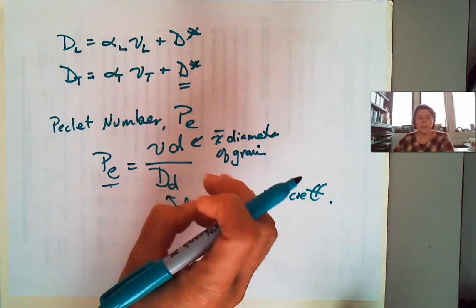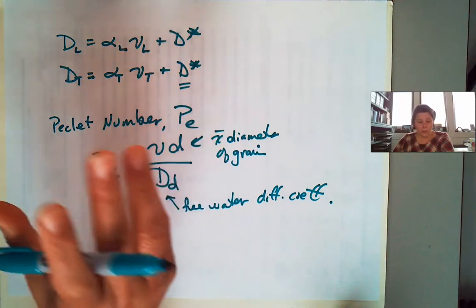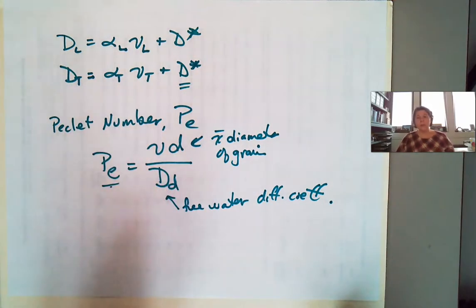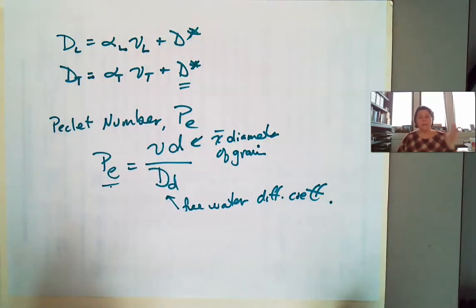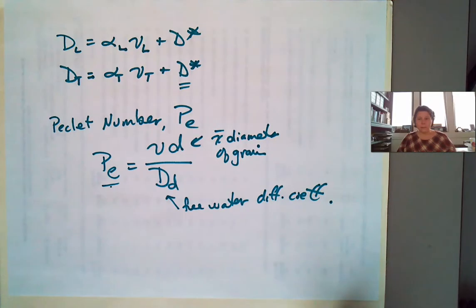So depending on how fast or how slow the flow is, if it is diffusion dominated, very slow flow, diffusion will dominate. If it is fast flow, we're going to get dispersion being the most important factor here.